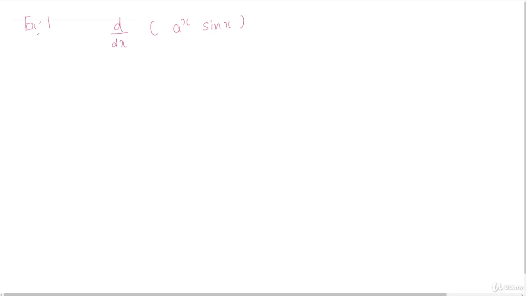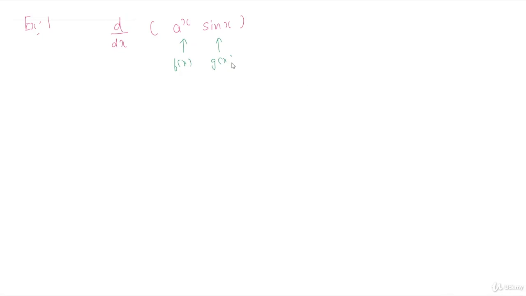So let's say this is our first function f of x and this is our second function g of x. Then this is multiplication, right?